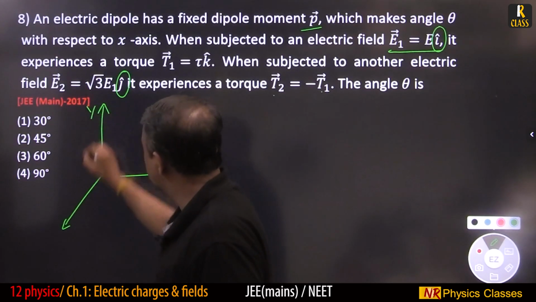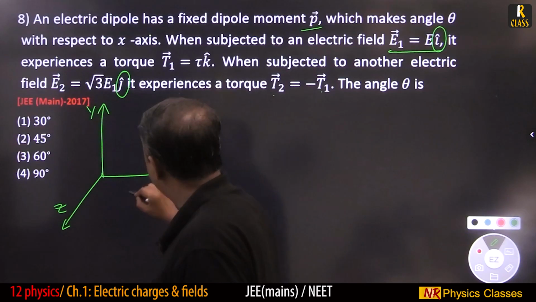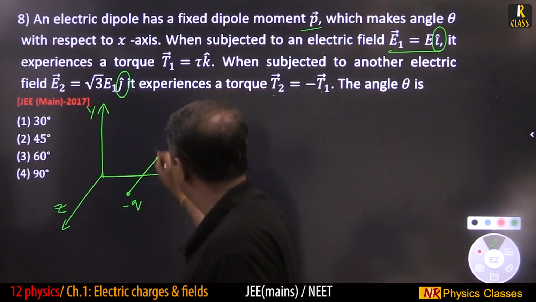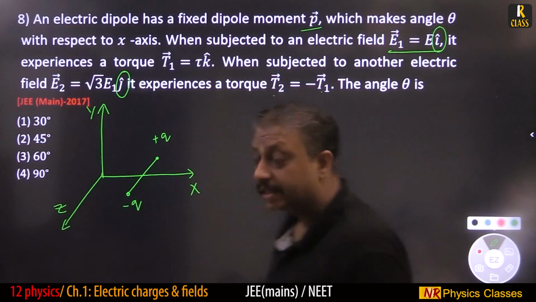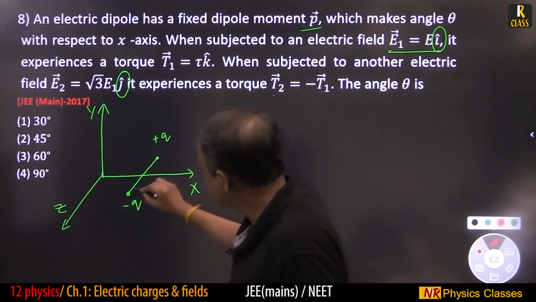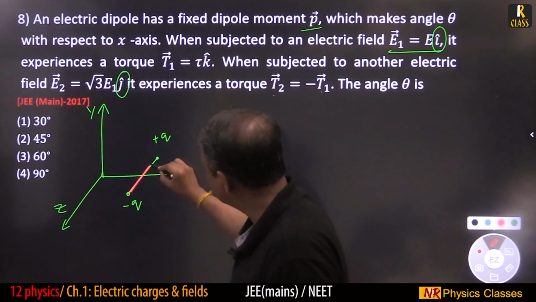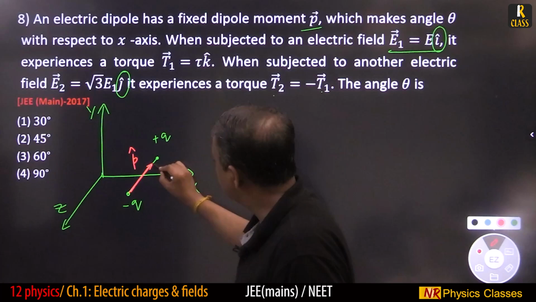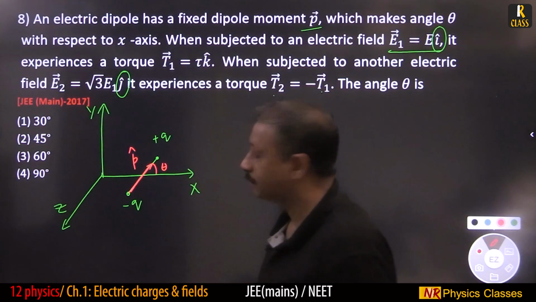Now understand, x-axis, y-axis, z-axis. Let this be the dipole, minus q, plus q. What's the direction of the dipole moment? It's from minus q to plus q along the line joining the charges, right? So this is p cap. This angle is theta.